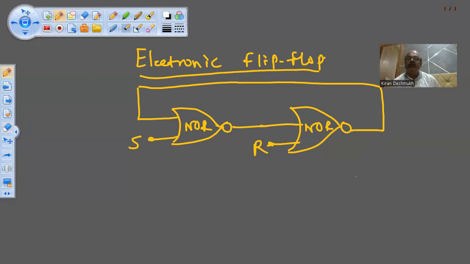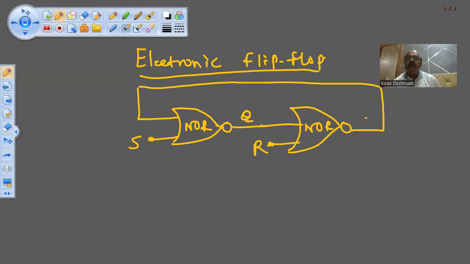Now let us assume this. Sorry, I will draw the truth table now. Before that, I call this the Q output.